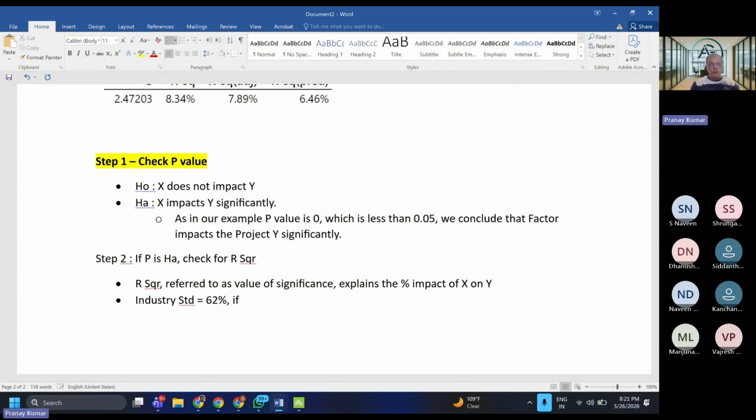Which means that if R square is greater than or equal to 62%, we consider that the magnitude of impact is high.